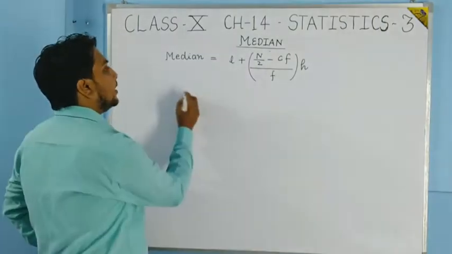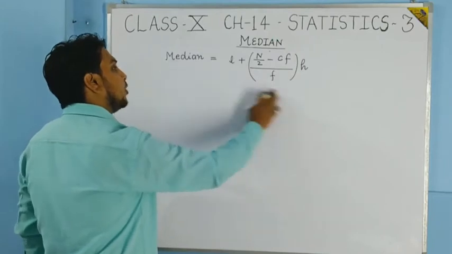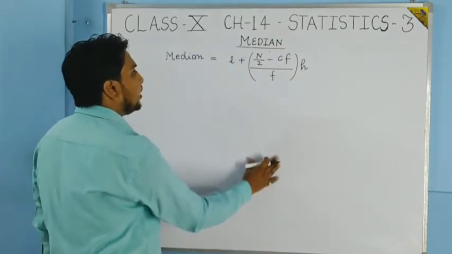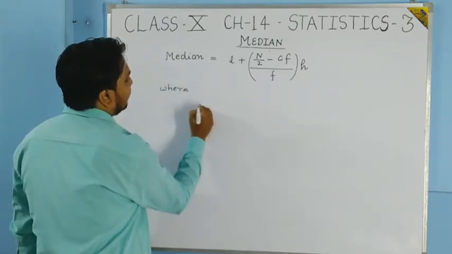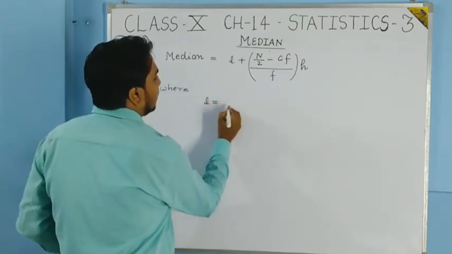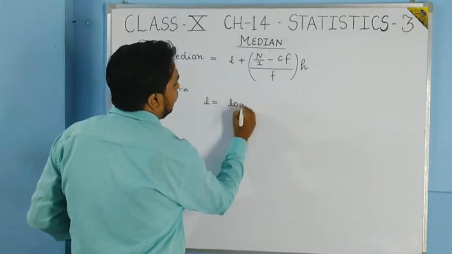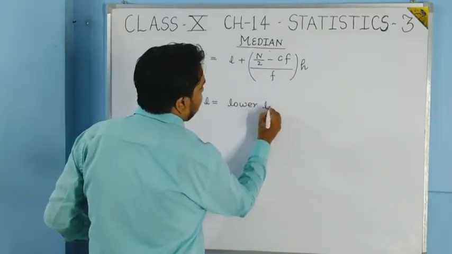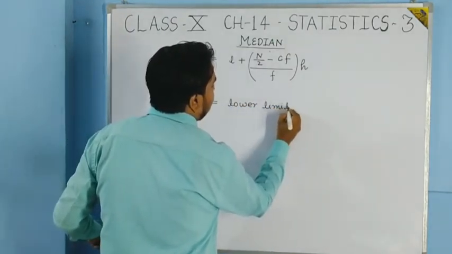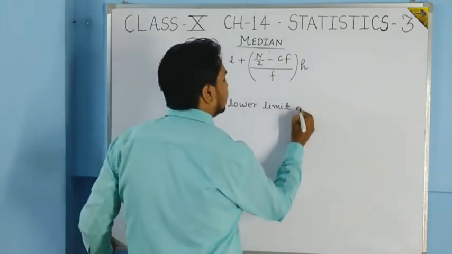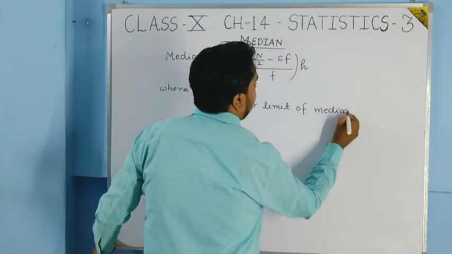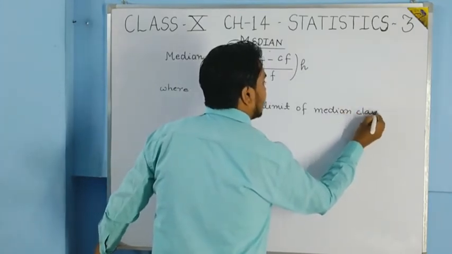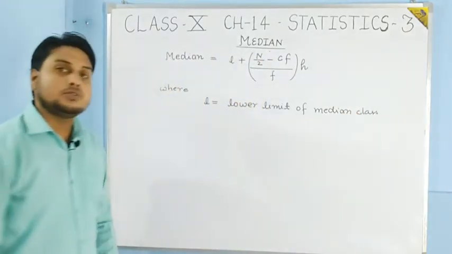So this is the formula that we will use to find the median, where L is equal to the lower limit of the median class. I will make you understand when we solve the question related to this.